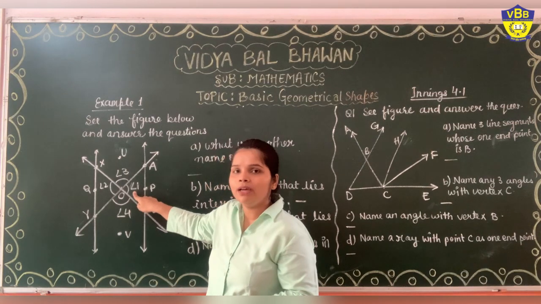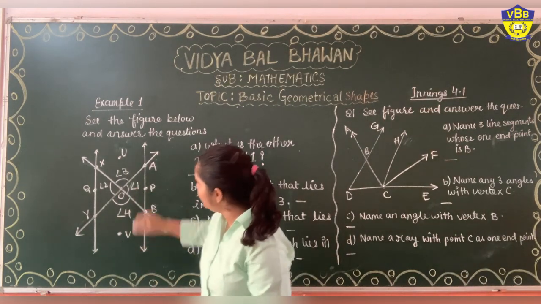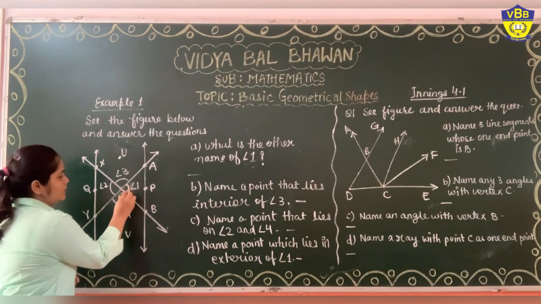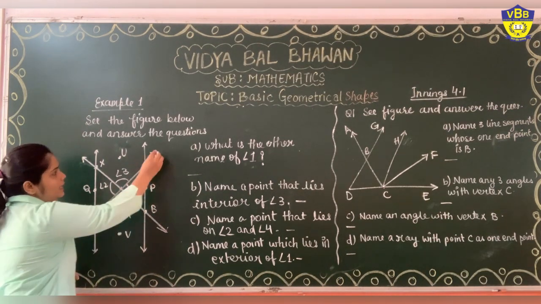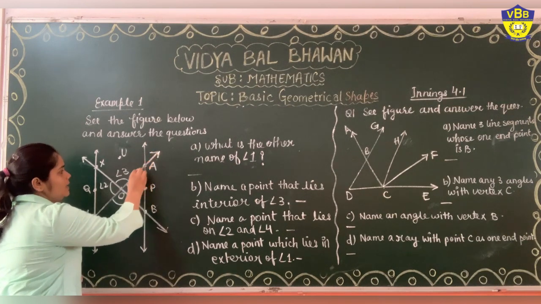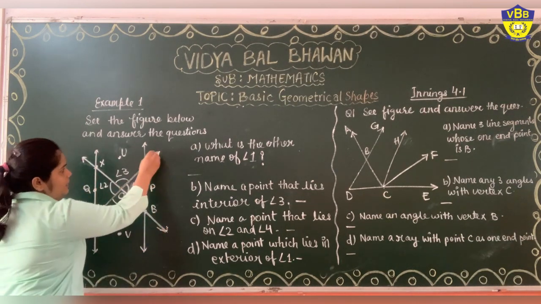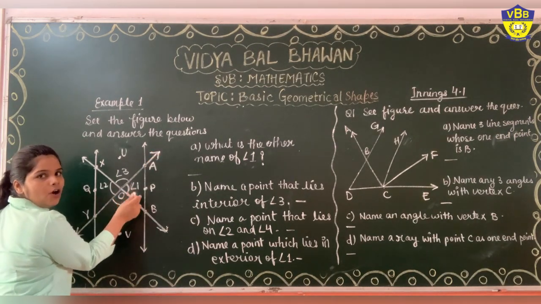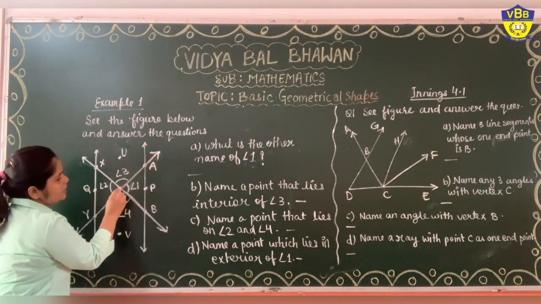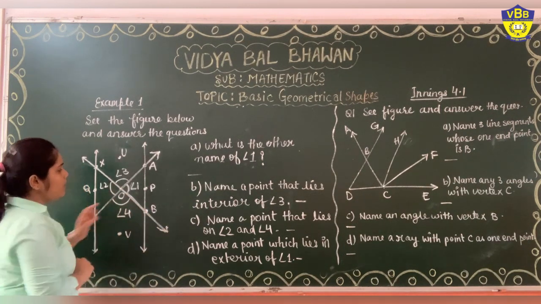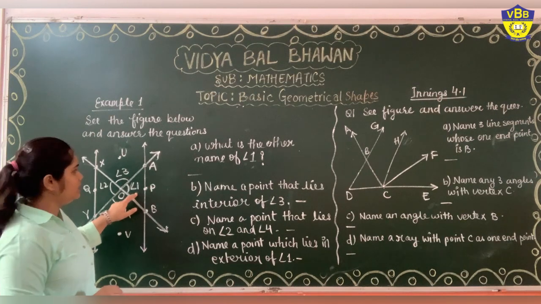Here is angle 1. Which one is angle 1? This one is angle 1. It is formed by this ray and this ray. So what can you write as the name of this angle?